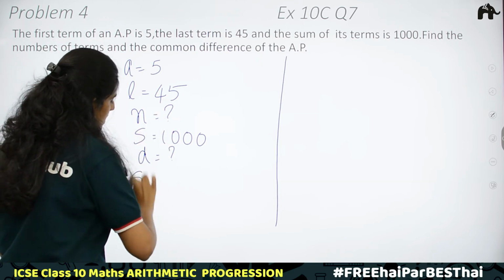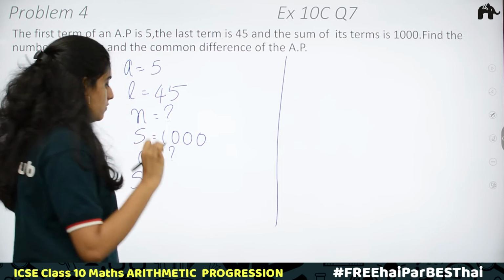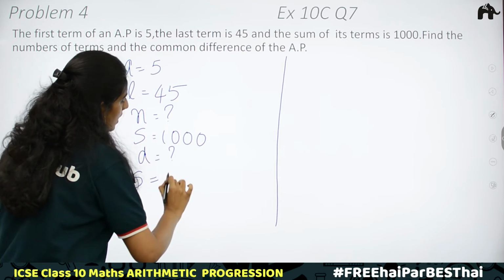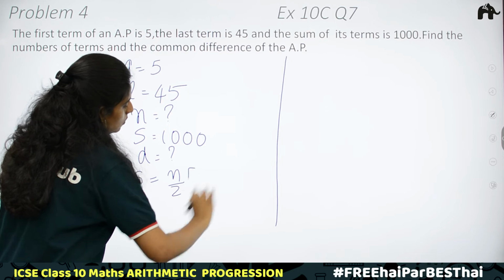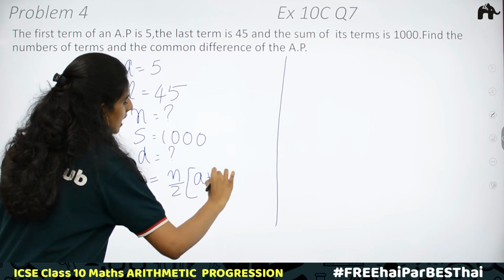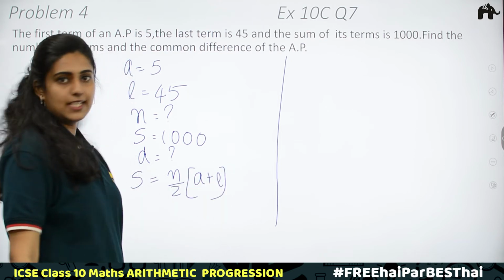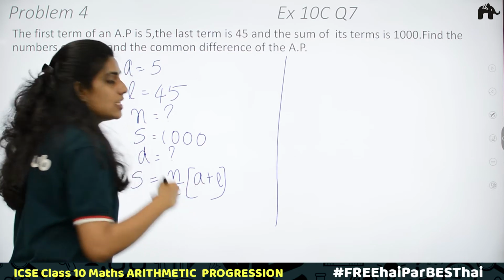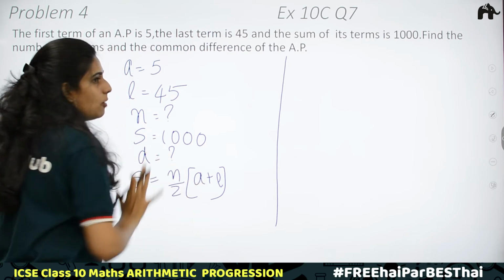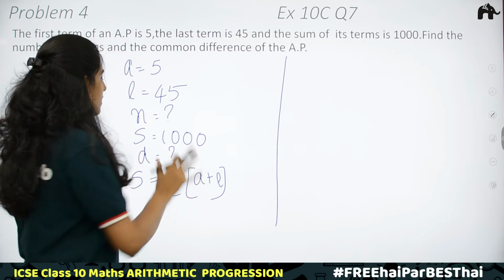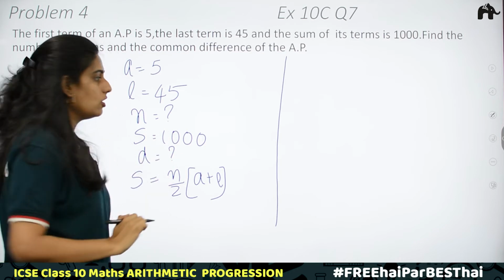We have the sum of n terms of an AP. S is equal to n by 2 into A plus L. Here we cannot use the other formula because we don't know the common difference. Without knowing the common difference, we cannot use that formula.